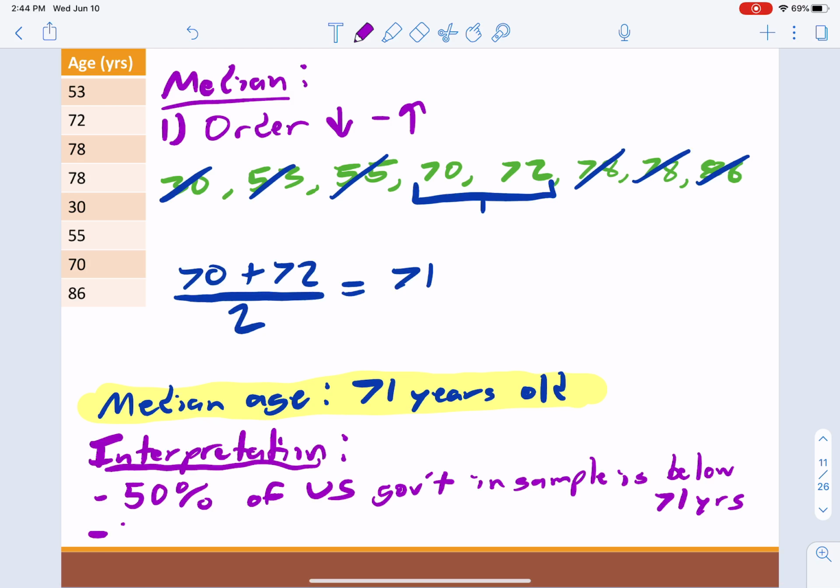And then everything else, just copy and paste that. We say above 71 years. Okay, so that's the kind of interpretation here.